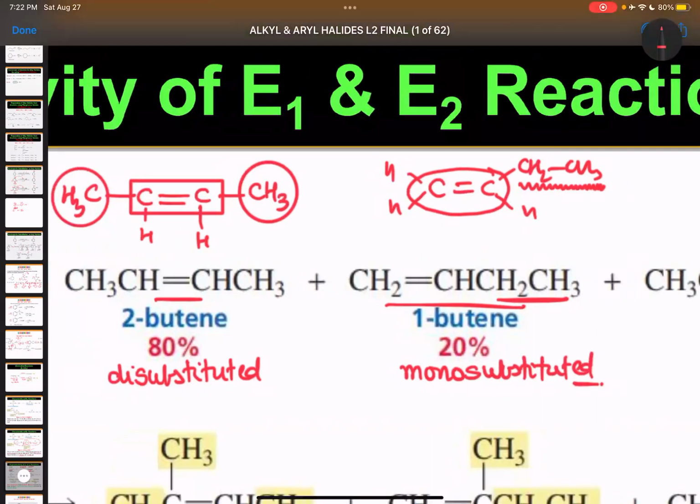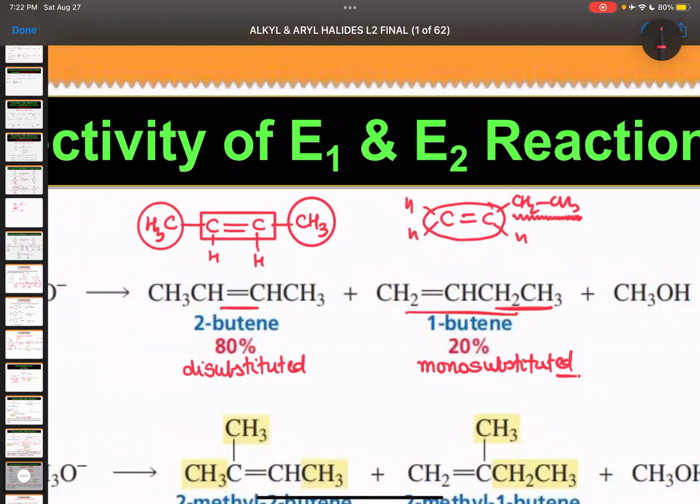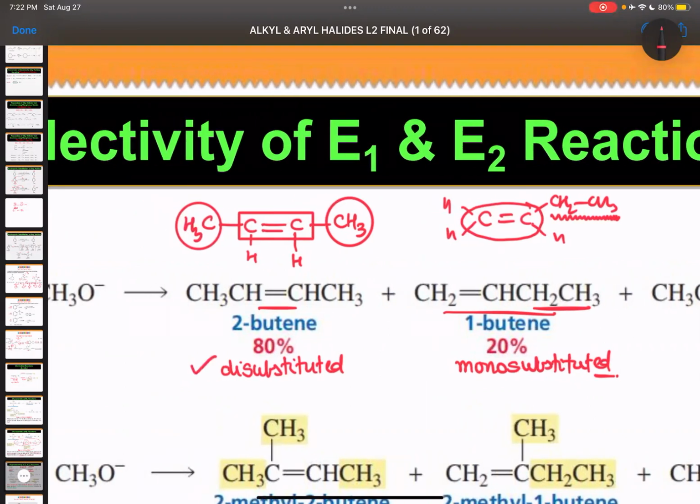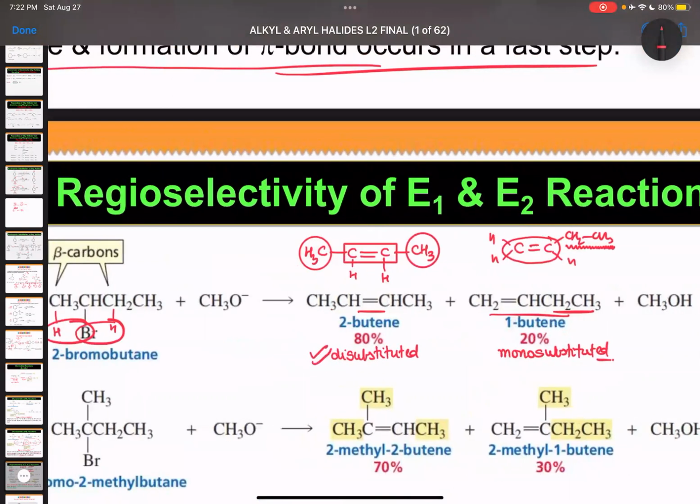So in an elimination reaction, the major alkene formed is the one which is more branched or more substituted, the alkene which has more alkyl groups directly connected to the doubly bonded carbon. Okay, so this is the major alkene formed in the reaction. For every structure you need to think of the two or three alkenes.